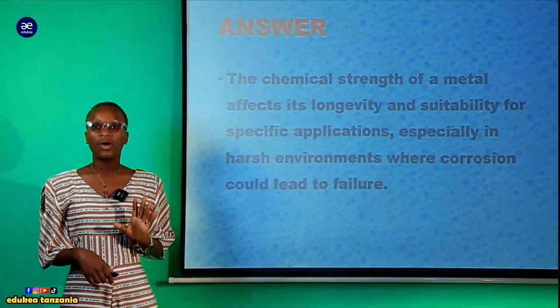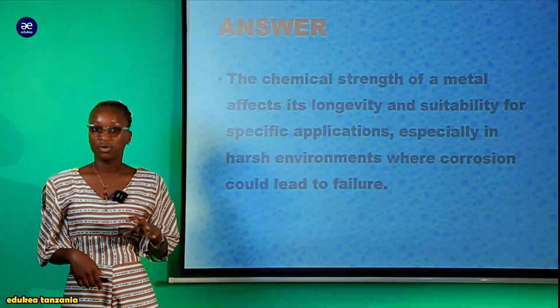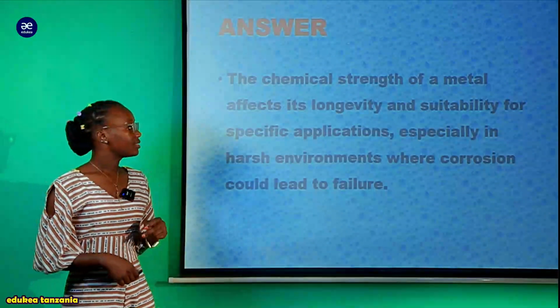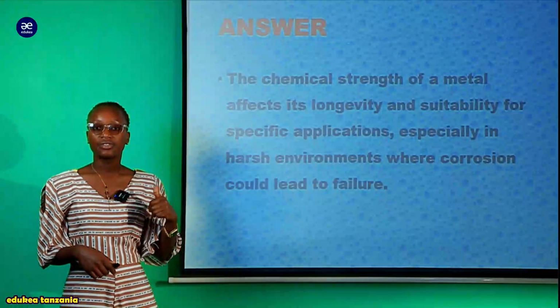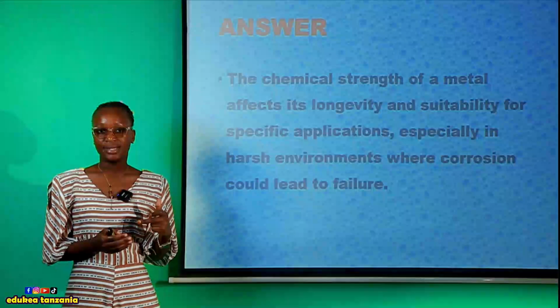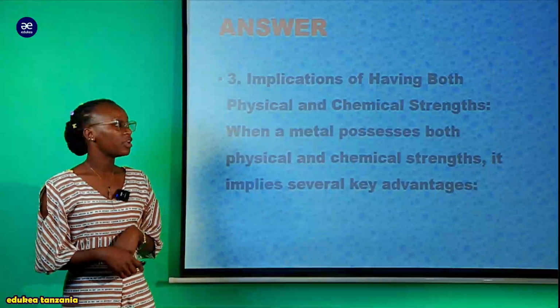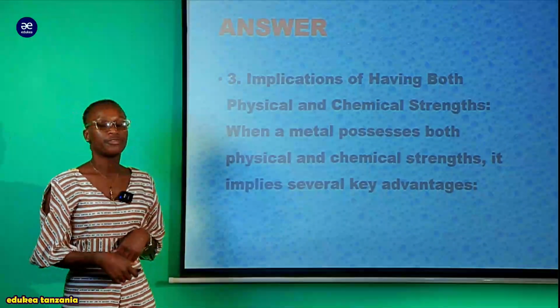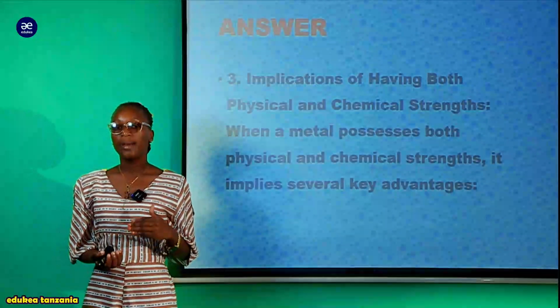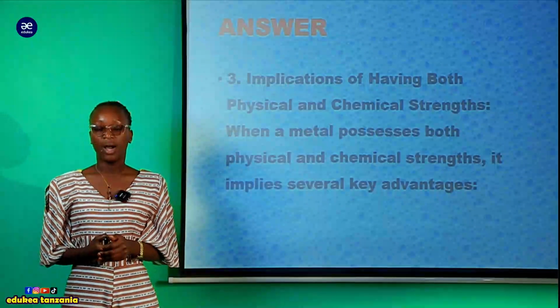Kwa hiyo tumeona katika implication ya chemical strength, tumeona definition yake na properties zilizoko ndani yake, lakini pia katika chemical properties tumeona definition yake na hizo properties ambazo zipo within the chemical strength of the metal. So now let us see the study category ambayo ni implication of having both physical and chemical strength of those metal. Kumbuka tuliambiwa how do this statement imply, tukai divide on our own.